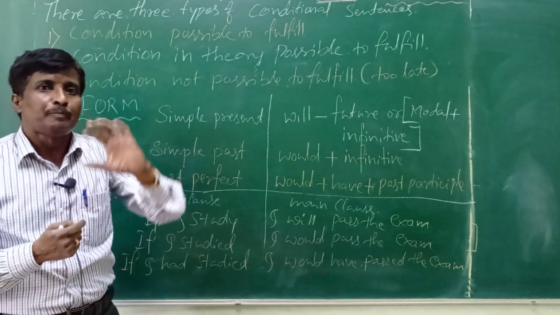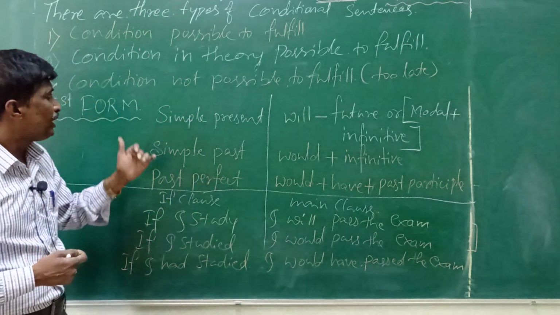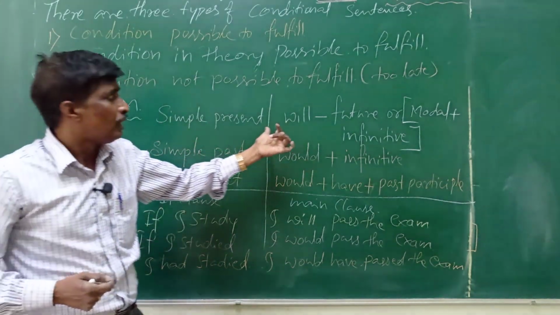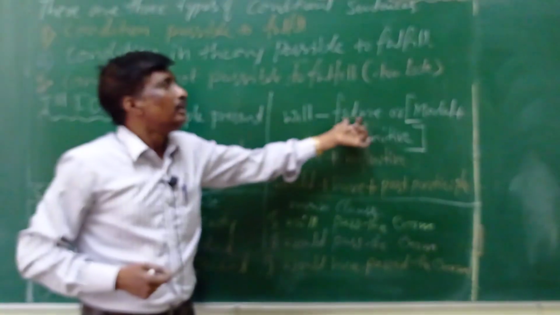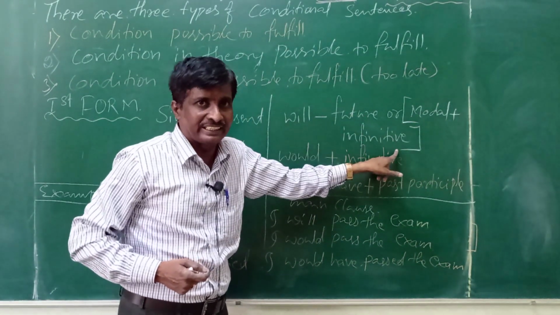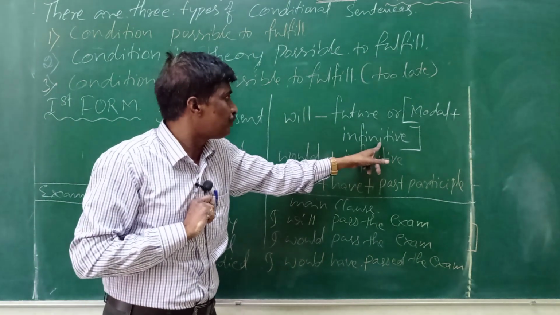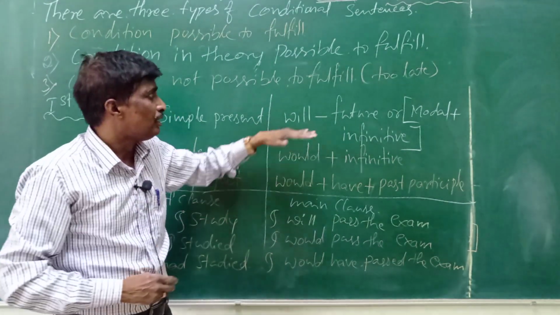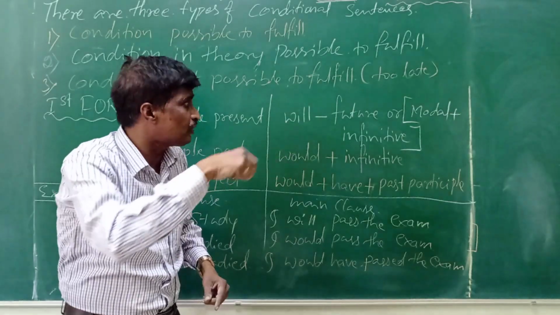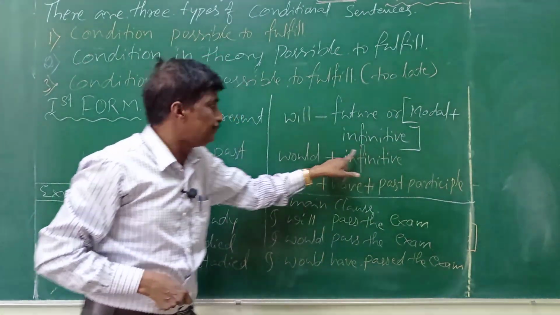Please go to your memory. In simple present, will indicates future, or modal plus infinitive. I will give you an example, then you can understand. In the first conditional clause, the condition is possible to fulfill: will indicates future, or modal plus infinitive.